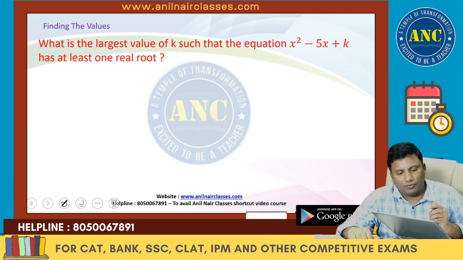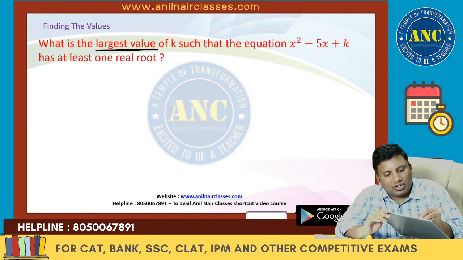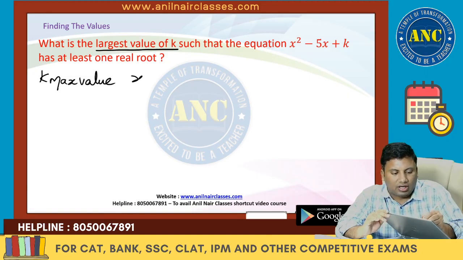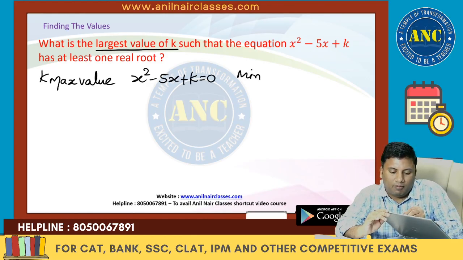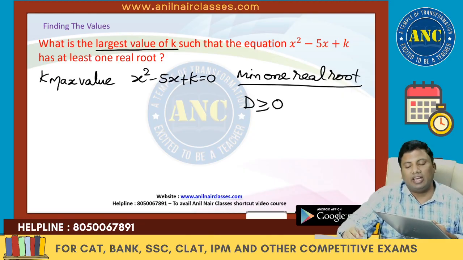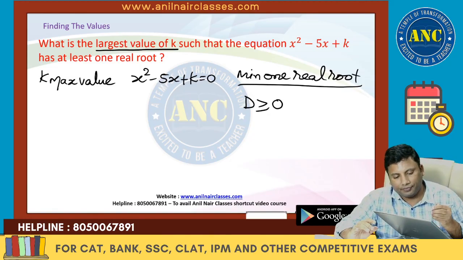Find the largest value of k. Largest means maximum value, for which the equation x square minus 5x plus k equivalent to 0 has a minimum of one real root. Minimum one real root means d greater than or equivalent to 0.